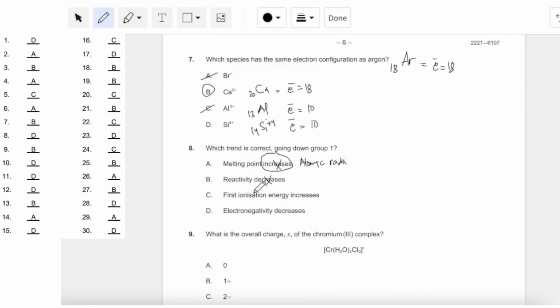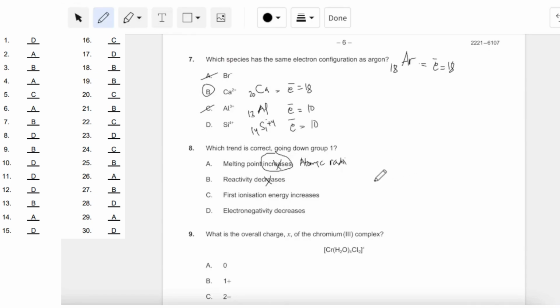And then first ionization energy. Atomic radius of group 1 increases down a group, so you don't need a lot of energy to lose the electron. So first ionization energy decreases because atomic radius increases.